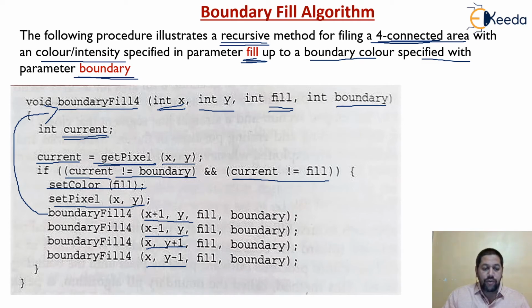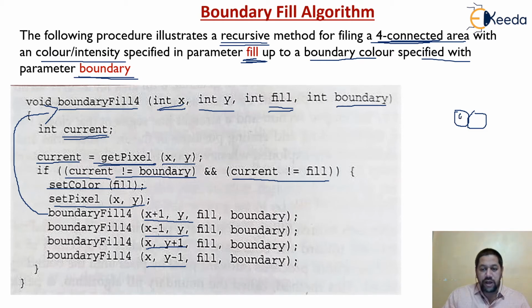I am again calling boundary fill, but now my current pixel will be x plus 1 comma y. Suppose this is my current pixel, already filled with the color. Then x plus 1 comma y is the pixel where x is incremented and y stays as it is. This pixel is x minus 1 comma y.